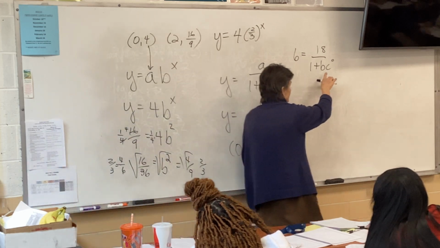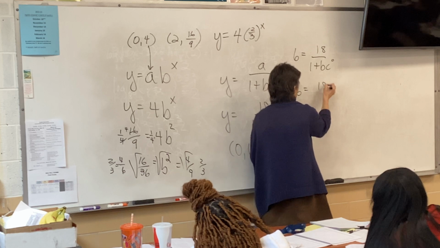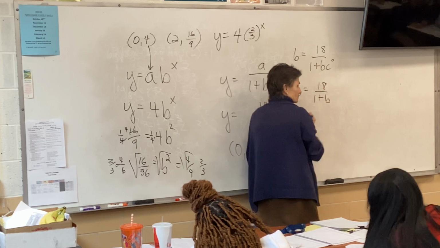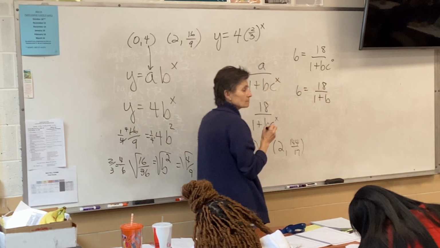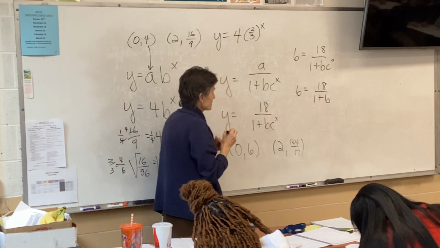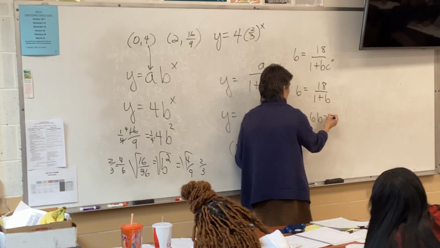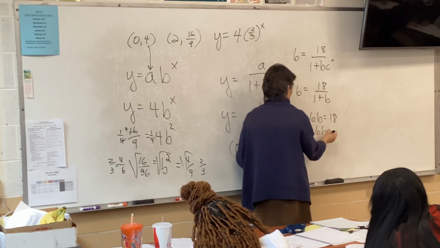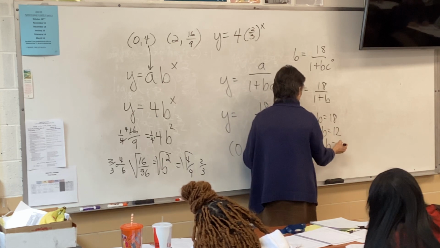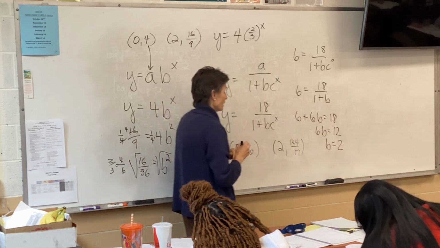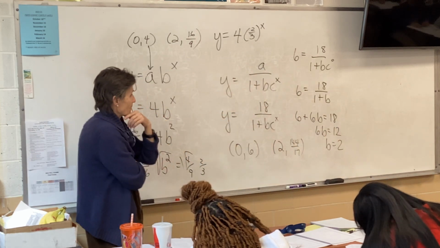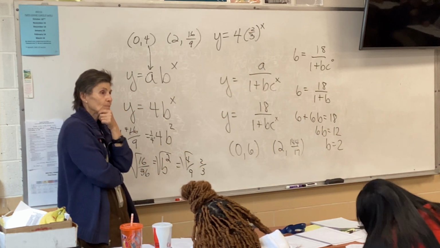Because c to the 0th is just 1. And now I can solve this. I'm kind of hurrying to beat the bell. Does that make sense to you? b is 2?